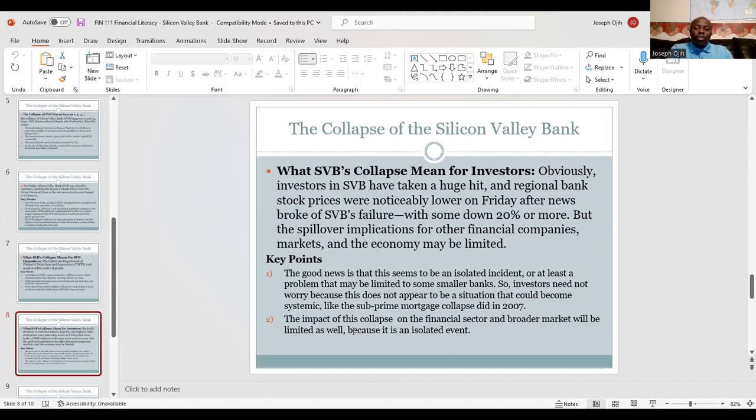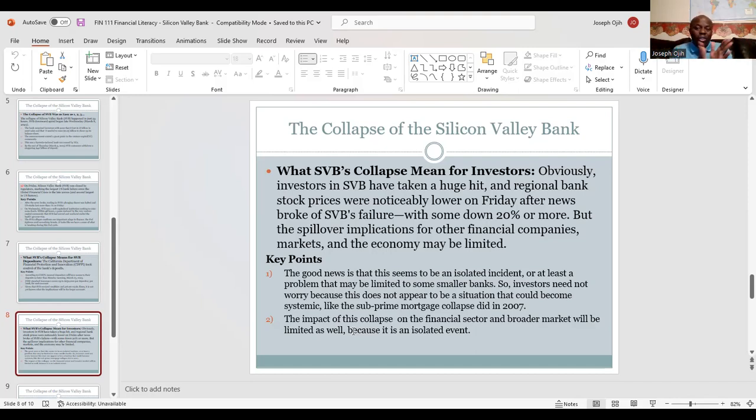But the good news is that the collapse of the Silicon Valley Bank is an isolated event, or at least a problem that may be limited to some smaller banks. So it's not like what we had in 2007 and 2008. That one was systemic. All the banks were involved. They were highly leveraged. They had toxic loans and so on.